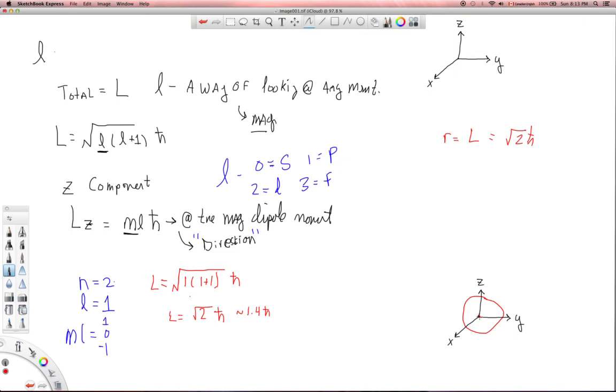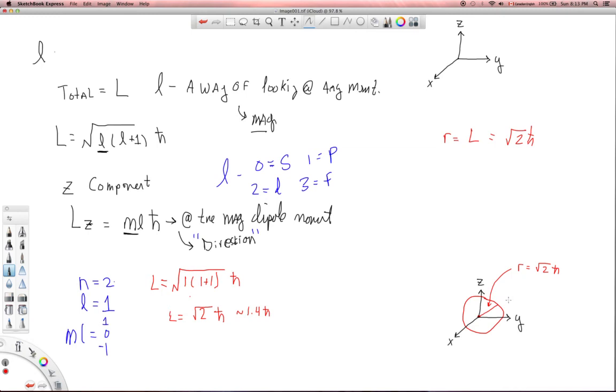Let's just imagine that this line coming out here, this r, and I'll draw an arrow to it. That line there is r, the radius, so that's the magnitude of the angular momentum, and that's going to equal the square root of 2 times h bar.